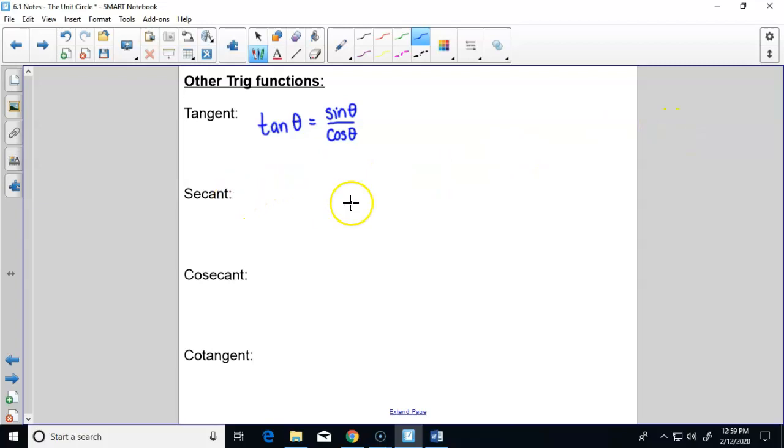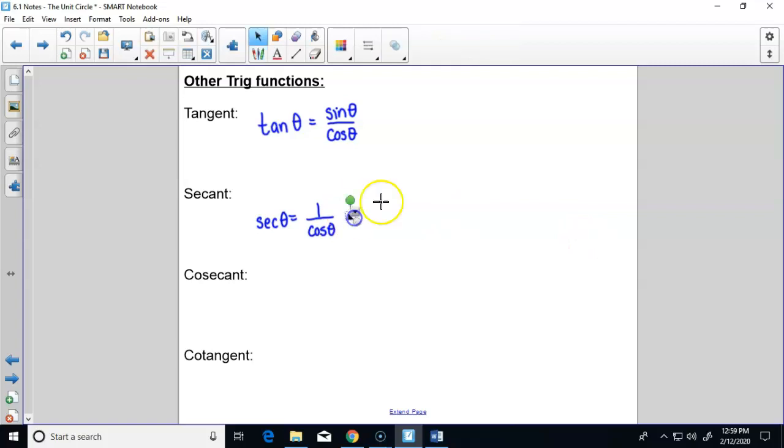Alright, so secant. Have you guys seen secant before? Okay. You may or may not have seen secant depending on what you've done with this. But secant of theta is 1 over cosine of theta.